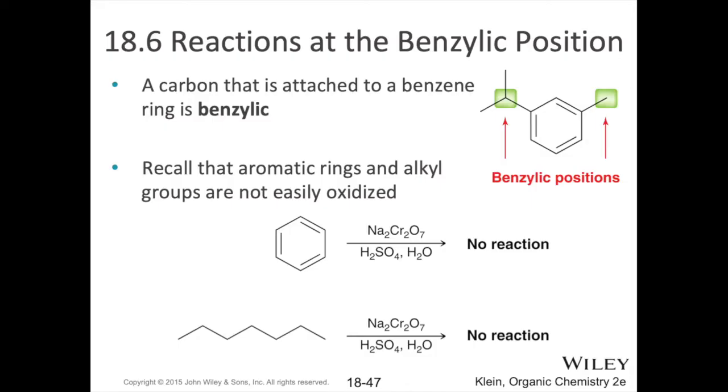And this is a very reactive position because it is very similar to an allylic group. Please note that the benzylic position is just one bond away from a double bond. And if you think back to what an allylic group looks like, you should see some similarities there.